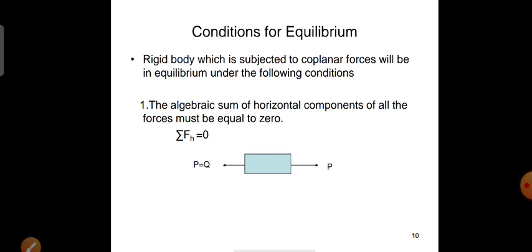So the algebraic sum of the horizontal components of all the forces must be equal to 0.